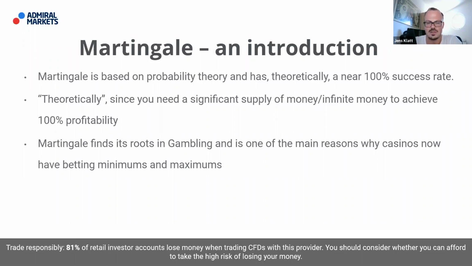Now the thing is that there's a maximum betting amount when playing roulette, because you are allowed to bet as high as 12,000 euros, I think, at least in German casinos. This limits the chances of success, because you reach these levels quite quickly.